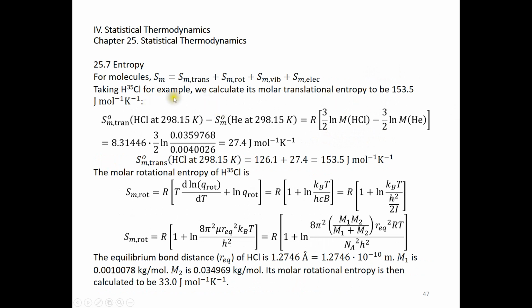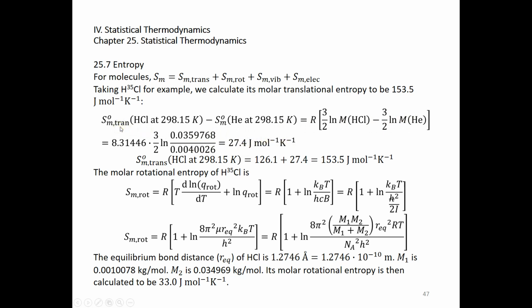They only differ by molar mass. Plugging in 1.5 ln molar mass for HCl and 1.5 ln molar mass for helium, we get the difference. So the difference is 27.4 joule per mole per Kelvin.